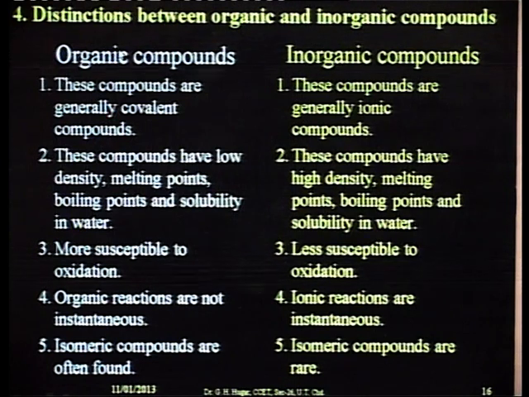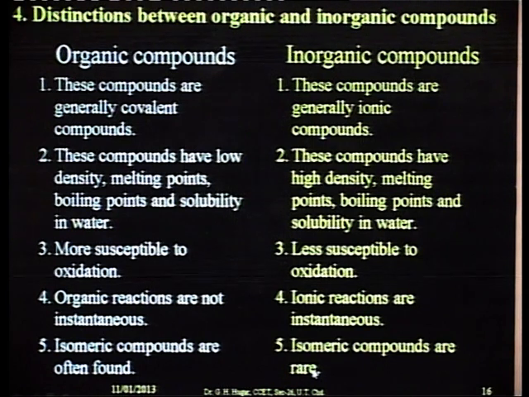Quite a number of times we will come across isomeric compounds in the case of organic compounds. Isomeric means they have the same molecular formula, but they have different chemical properties and structures. Such compounds you quite often see in organic compounds, whereas in inorganic compounds these isomeric compounds are very rare.